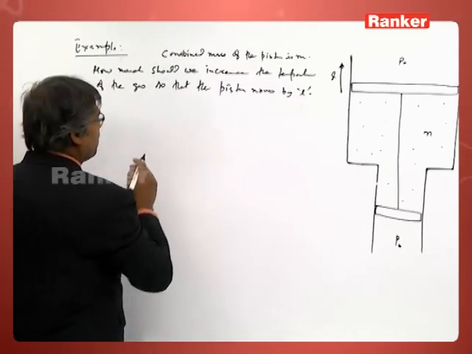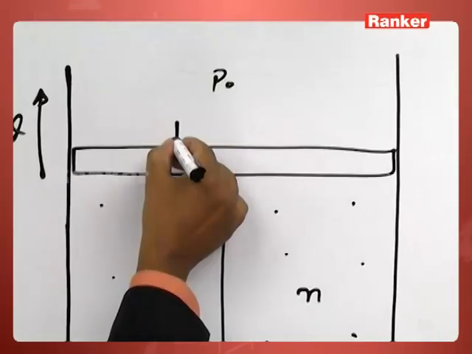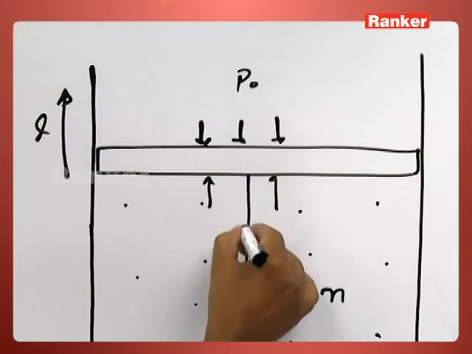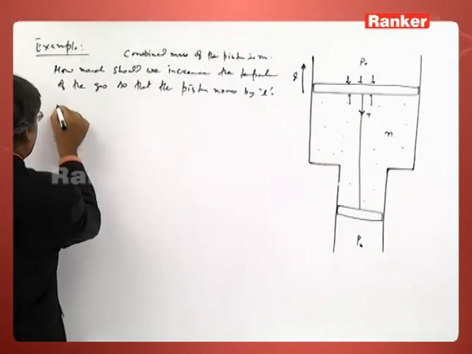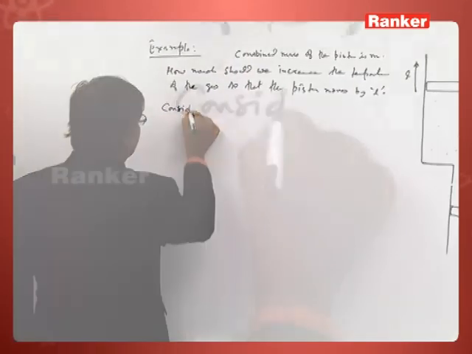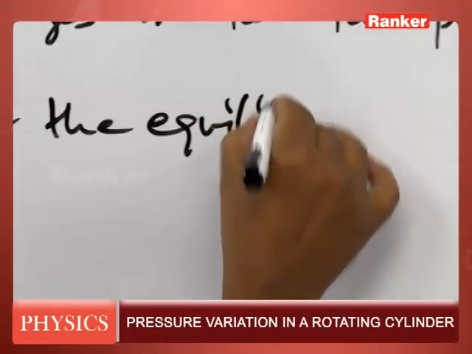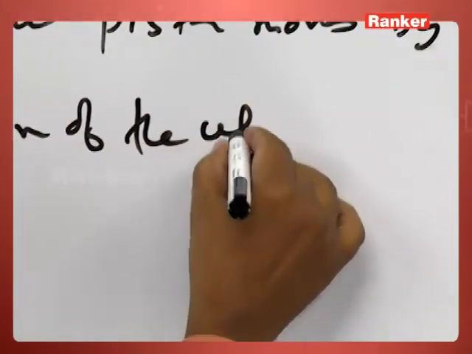Now let us consider the equilibrium of this piston, with the total force acting from here, and this is the tension T. So consider the equilibrium of the upper piston.